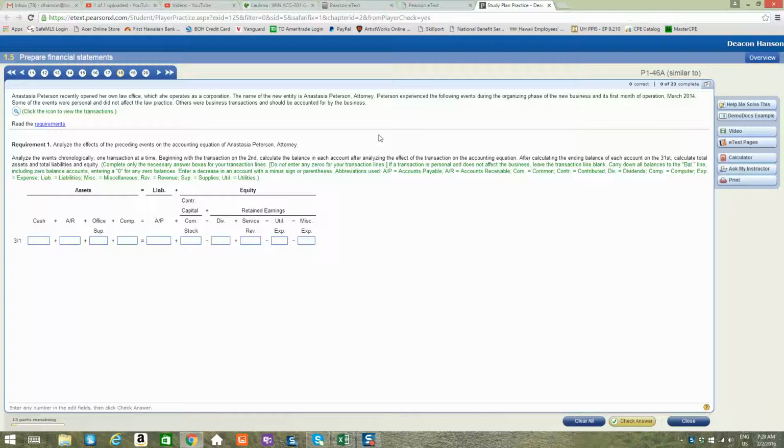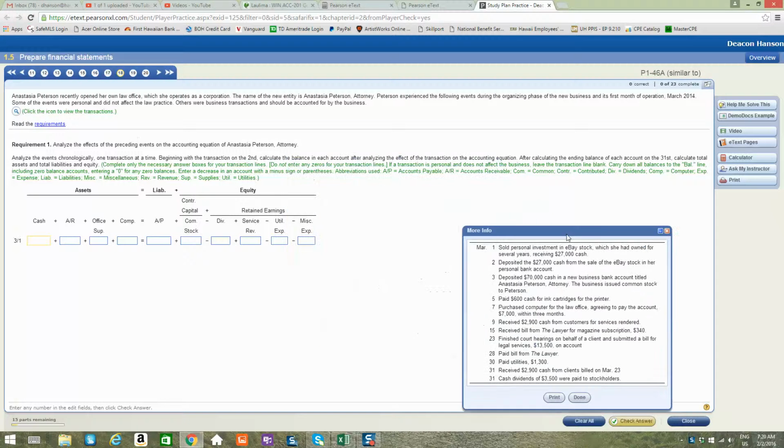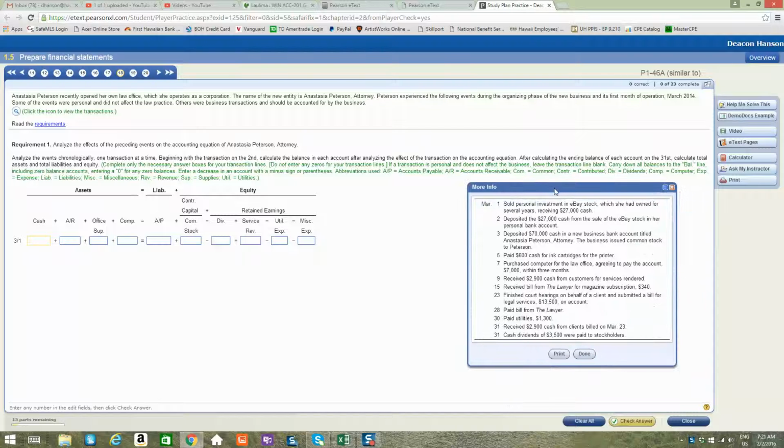Okay, so what they're asking me to do is to analyze a set of transactions. So we're given a list of transactions here, and it's similar to one of your homework problems. And what we do is we are going to apply those transactions to the accounting equation. So the first one says sold personal investment in eBay stock, which she had owned for several years, receiving 27,000 cash.